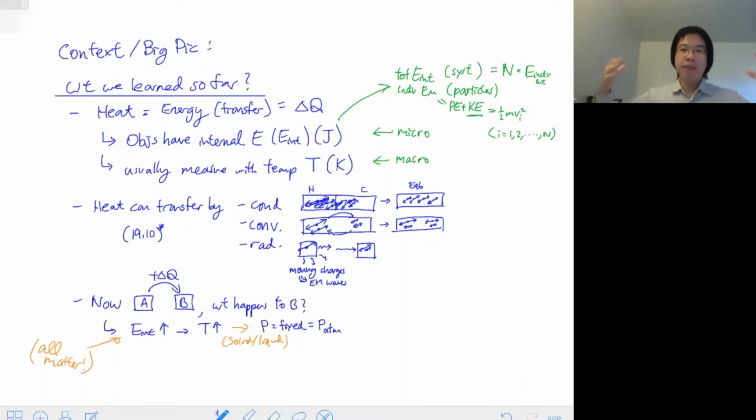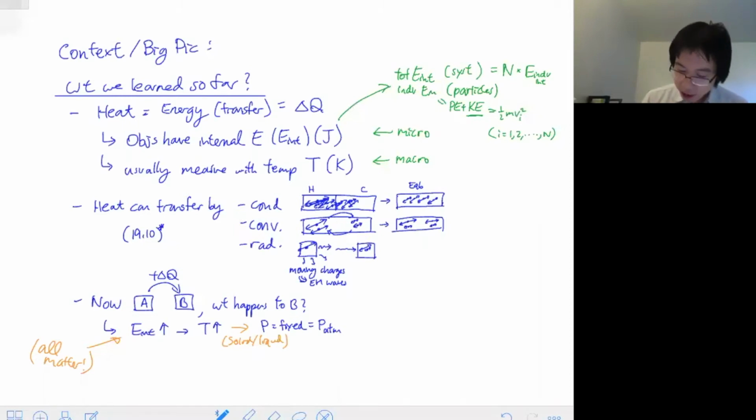Because we are under atmospheric pressure constantly, as we learned last week, and that is a very dominant effect, it'll basically maintain a constant pressure. Even if the liquid suddenly has more pressure from that temperature, it will very quickly come to equilibrium with the surroundings, and so the pressure is held fixed most of the time when you heat up liquids or solids. Okay? That is not true for gas, which we'll see.